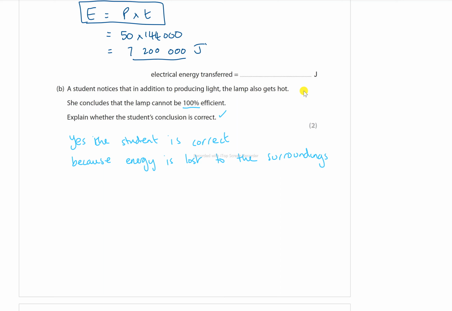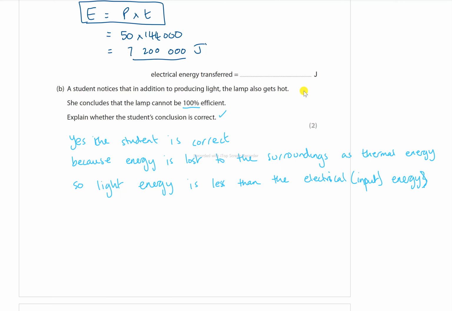Surroundings as thermal energy. So light energy is less than the electrical or input energy.